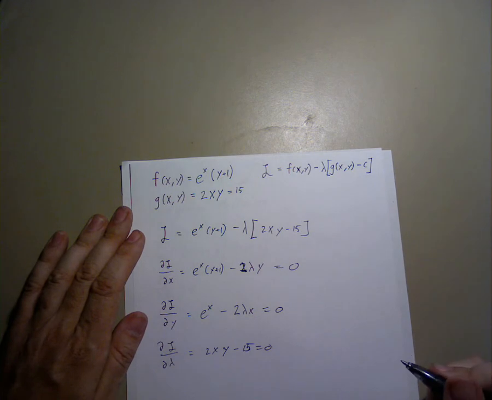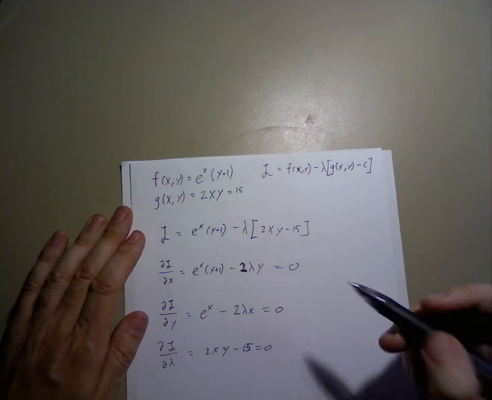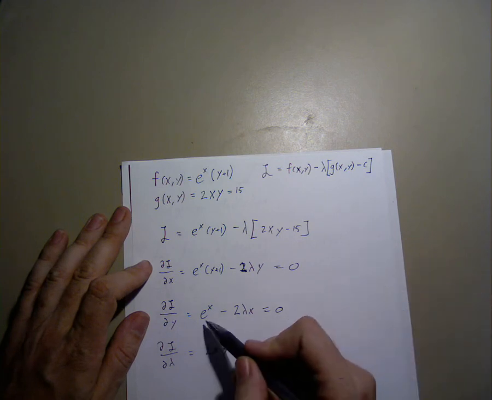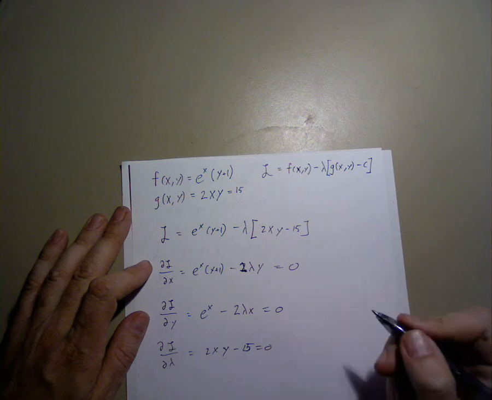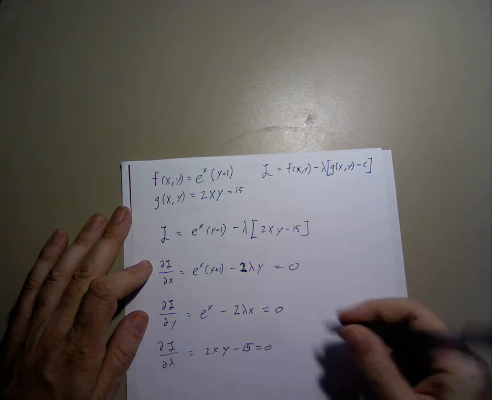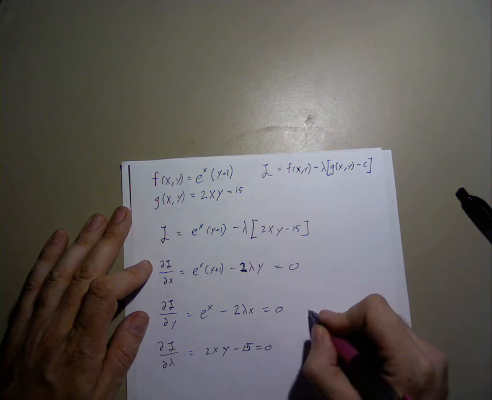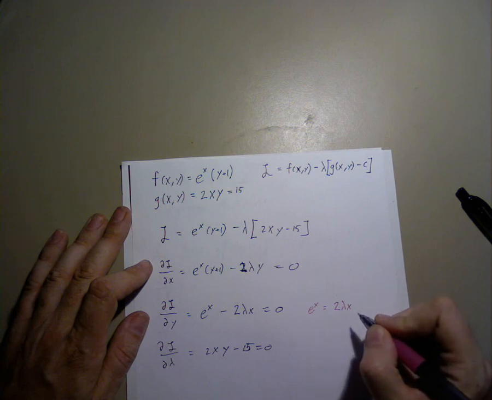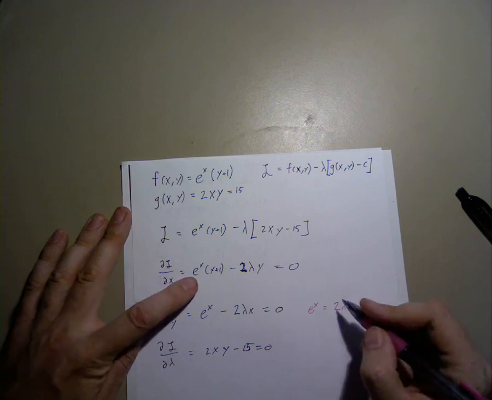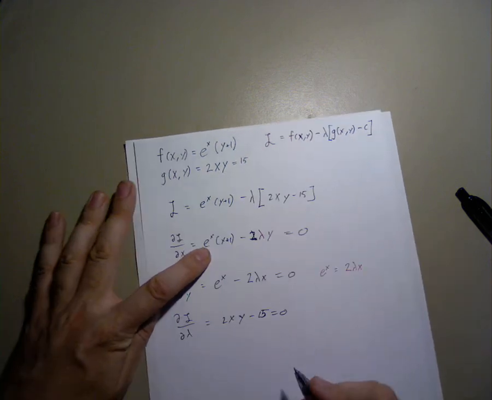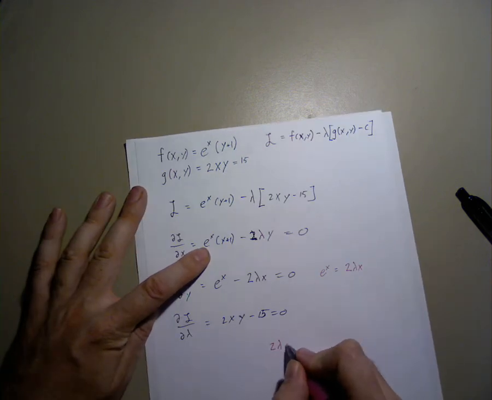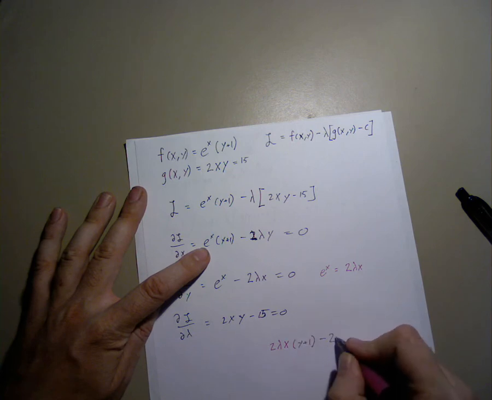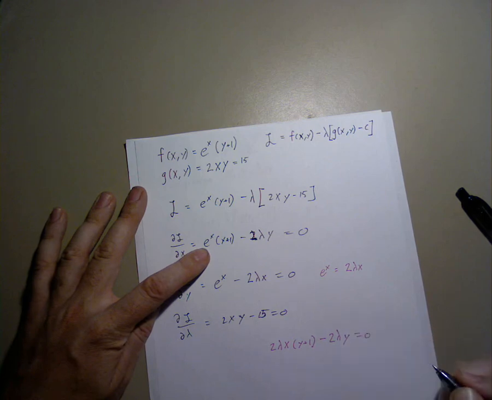In order to solve this, we can first take these two equations. We can solve this for e^x, which gives us e^x equals 2 lambda x. If we substitute that into our first equation, we get 2 lambda x y + 1 minus 2 lambda y equals 0.